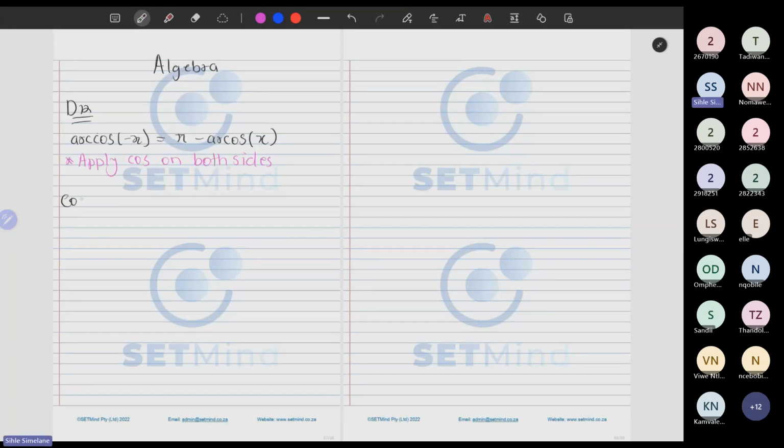So we now have cos of arc cos of negative x on one side, equals, on the other side, cos of pi minus arc cos of x. So what is the left-hand side going to be?